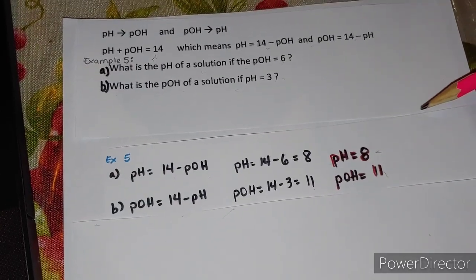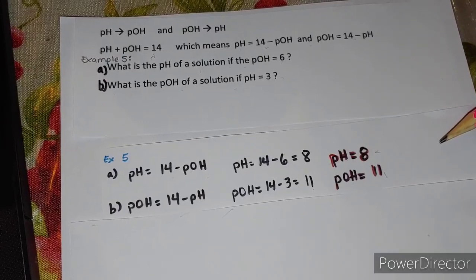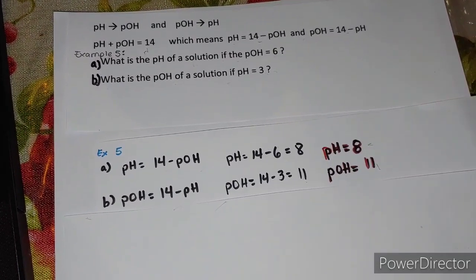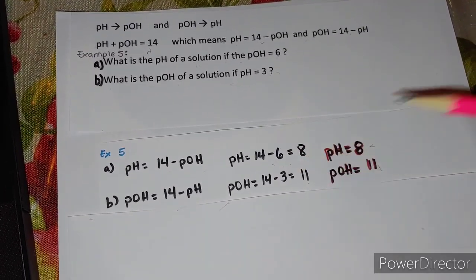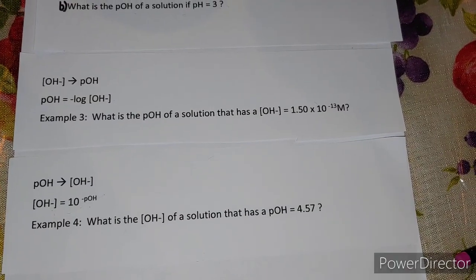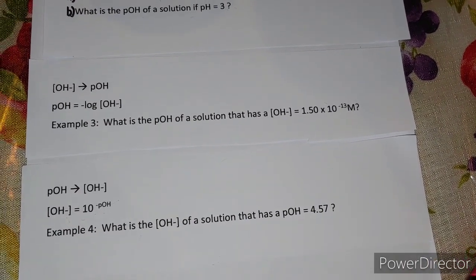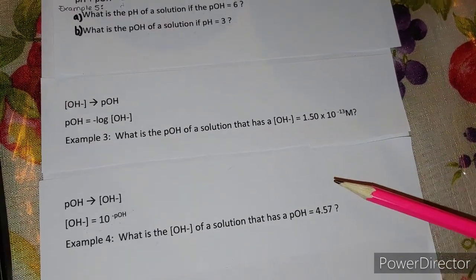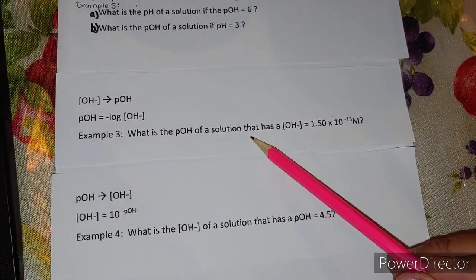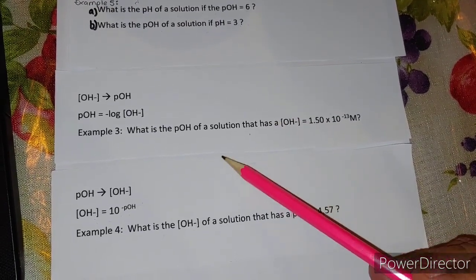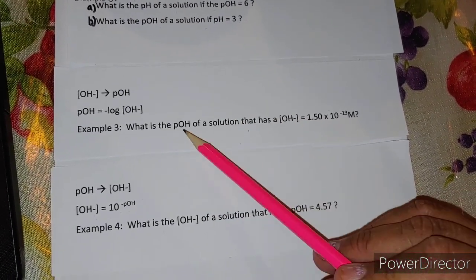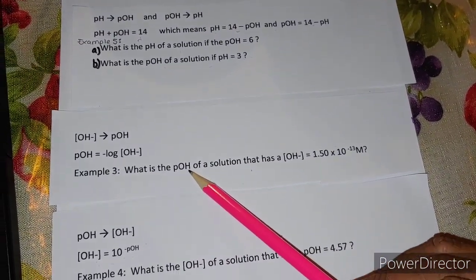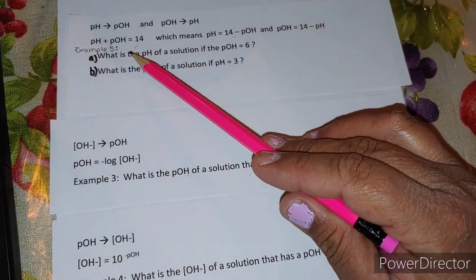But going back to what I told you from the previous 2 examples, let me show you why I waited till this example. On a quick note on example 3 and 4, I wanted to come back just to let you know, if you wanted to find out if this was an acid or a base, just very quickly, because you would be solving for the pOH, if you wanted to get the pH, you would use this formula.